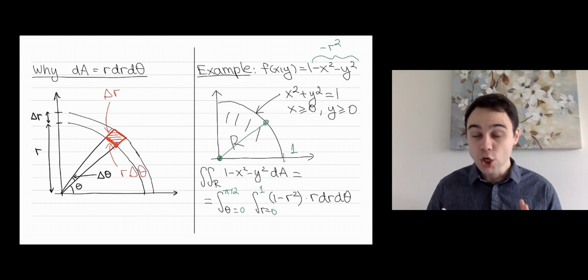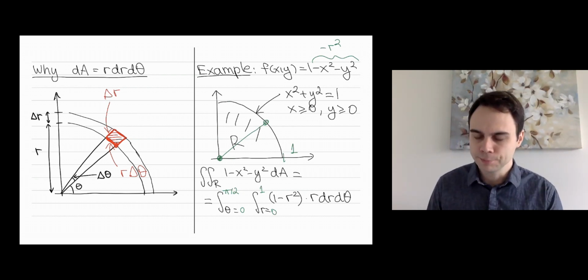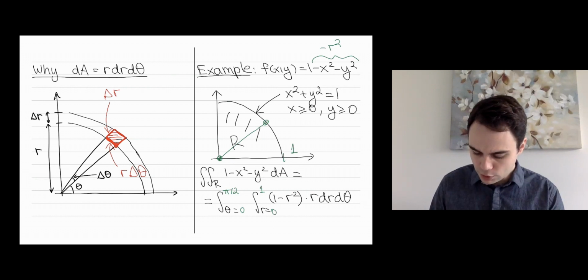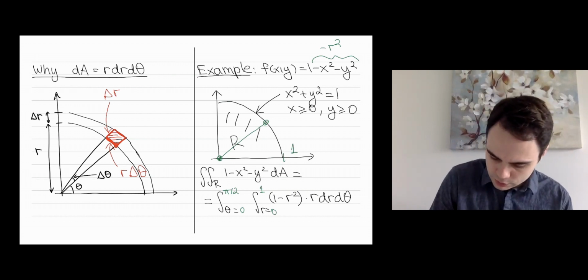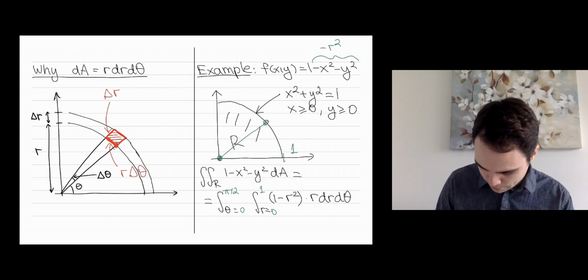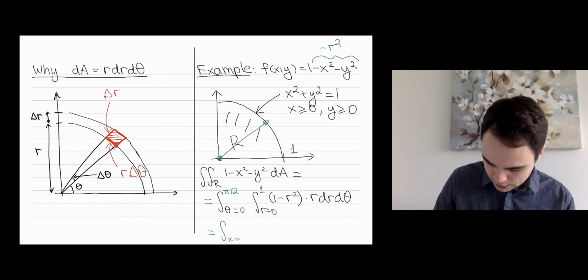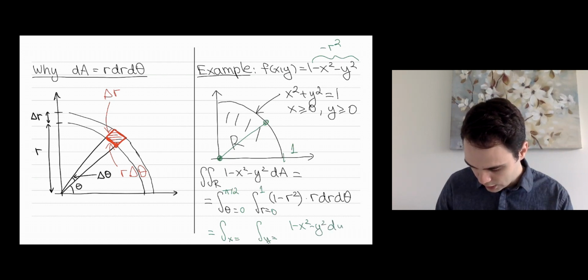I should mention that I could also set up this integral using Cartesian coordinates, but it wouldn't look as good. So let me just show you how this would look. I would have an integral in x going from something to something, y going from something to something, and then the original function, dy dx.